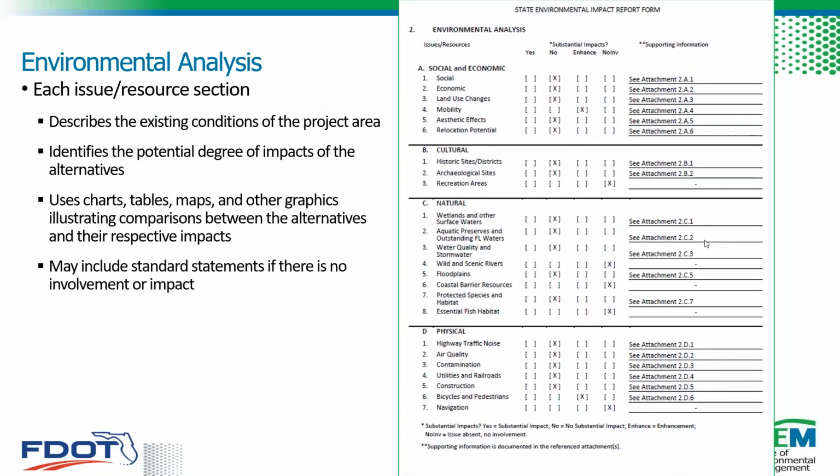So the supporting information for each of these resources should describe the existing conditions of the project area. They should identify the potential degree of impact of the alternatives, including the enhancements, not only due to the alignment, but also for areas within the project area, maybe those proposed drainage structures or stormwater ponds.